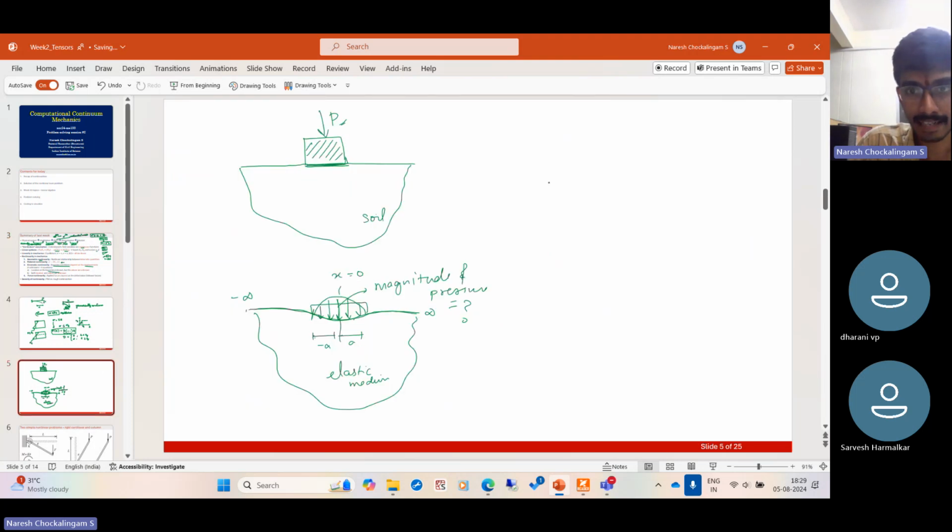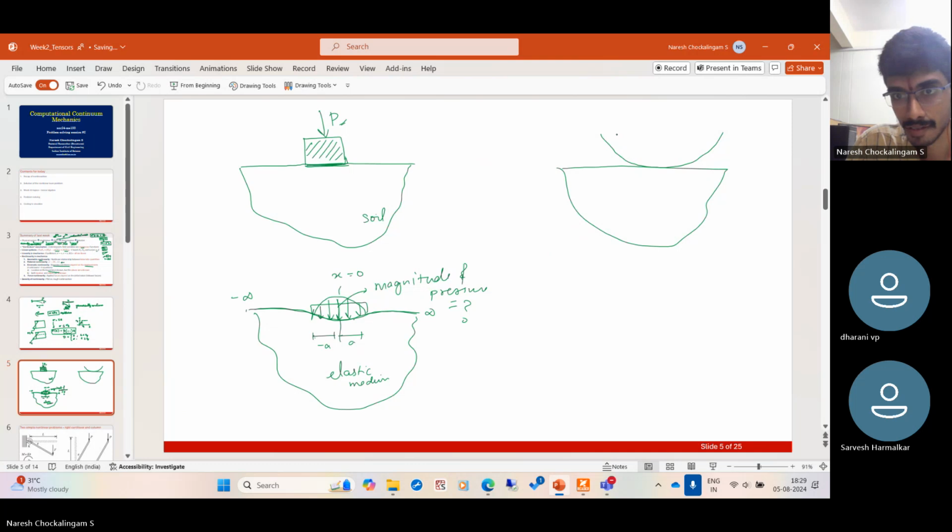On the other hand, take the same soil or a substrate and you press it against a spherical ball. So in this case, say the ball has a constant radius r, and you're pressing it with a force P. And so this is typically an indentation problem encountered.